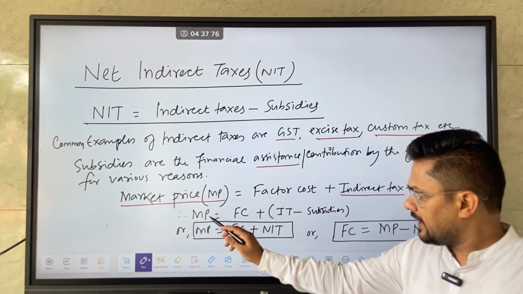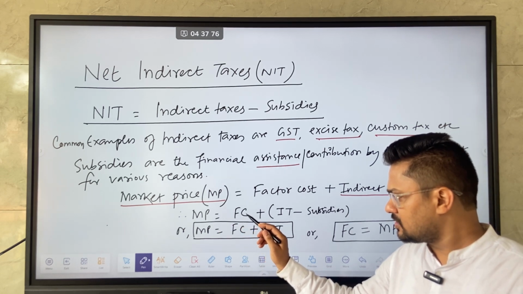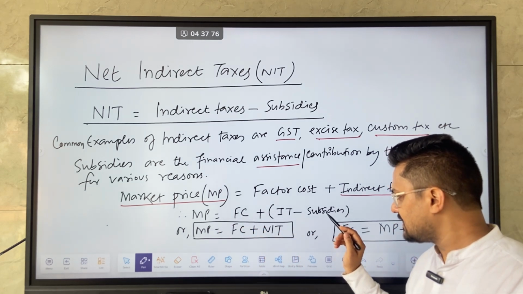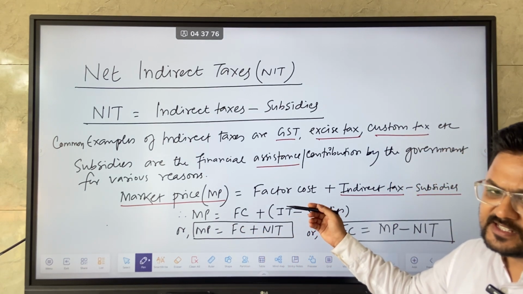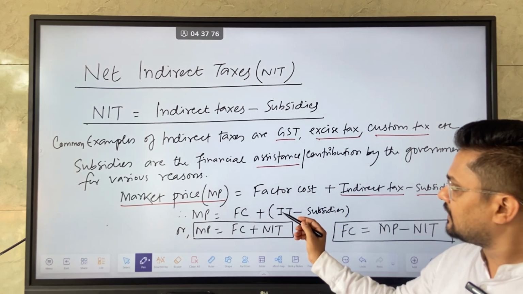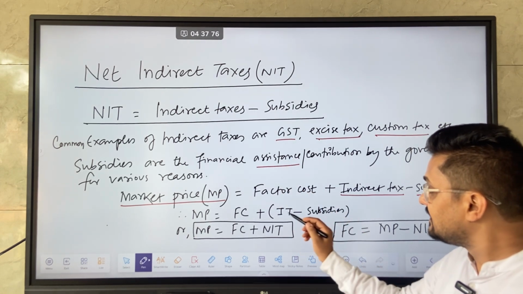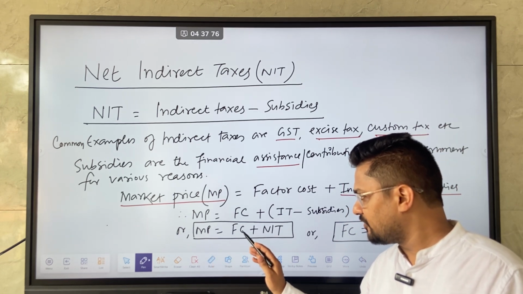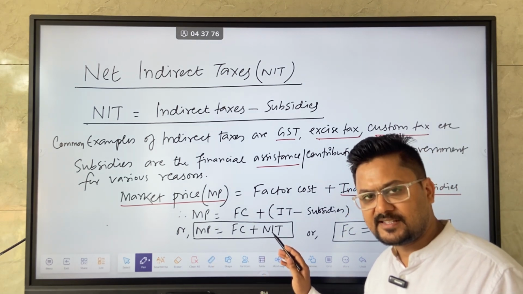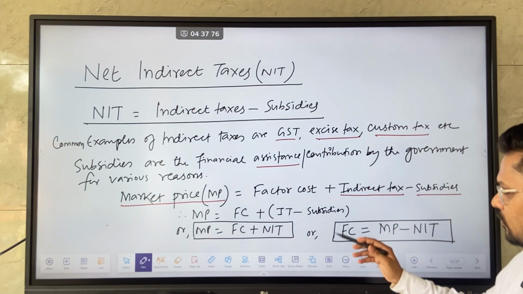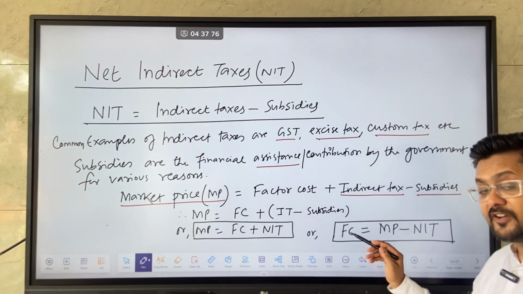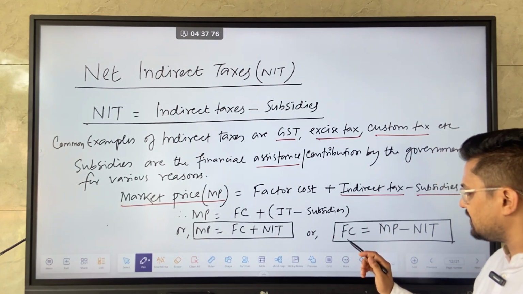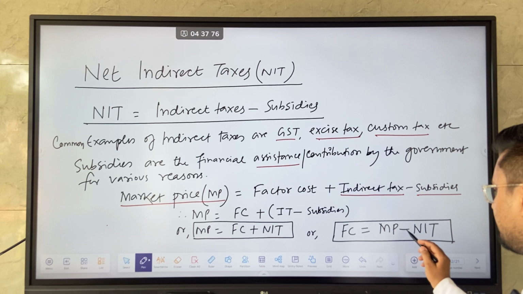So overall, MP is equal to factor cost plus IT minus subsidies. And we have just discussed a while ago that IT minus subsidies is net indirect tax. So we can say MP is equal to factor cost plus NIT, or in a different way, if we have to find factor cost, FC is equal to MP minus NIT.